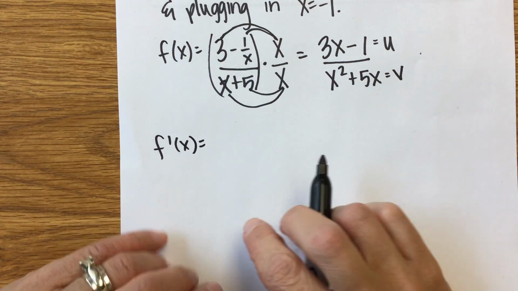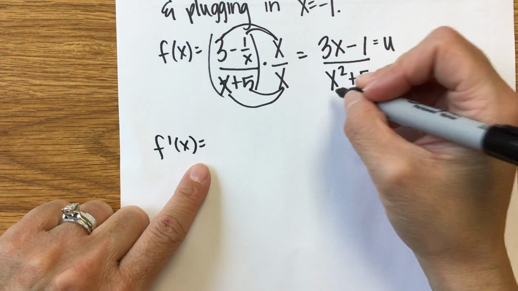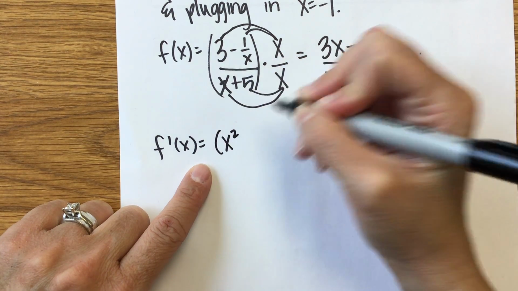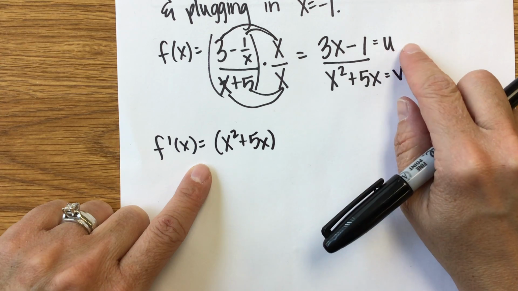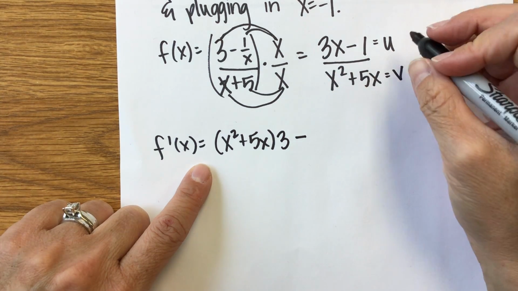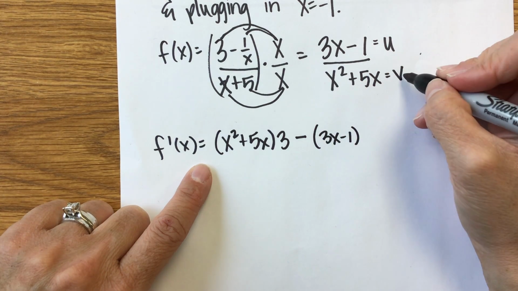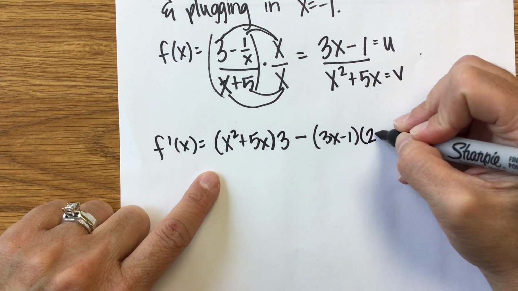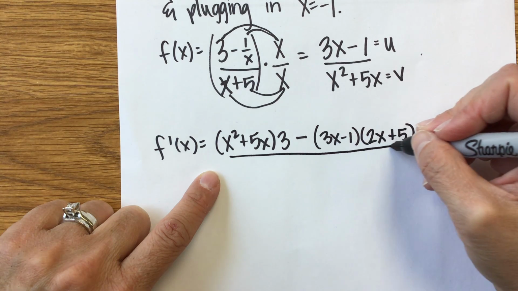All right, so here we go. The quotient rule is v, so I'll copy v, times the derivative of u, which is 3, minus u times the derivative of v, all over v squared.